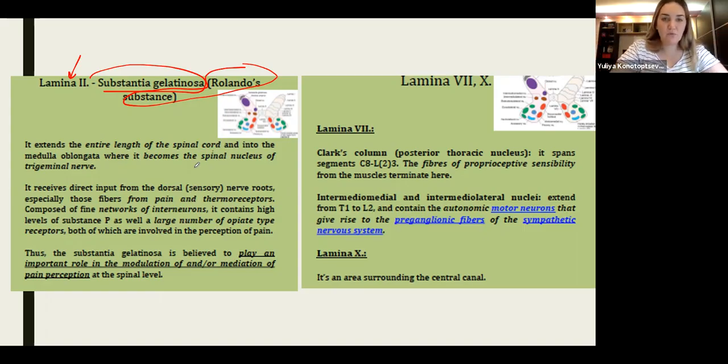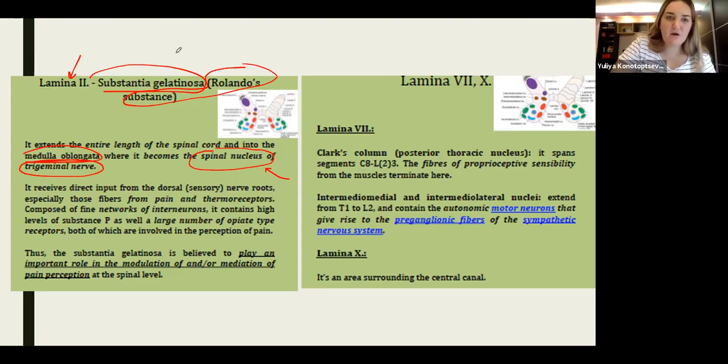There you go. It goes all the way to the medulla oblongata, and all of these axons end up in the spinal nucleus of the trigeminal nerve. We will talk about this nucleus when we talk about the medulla oblongata. So is it clear about this lamina number 2? Axons there are unmyelinated.